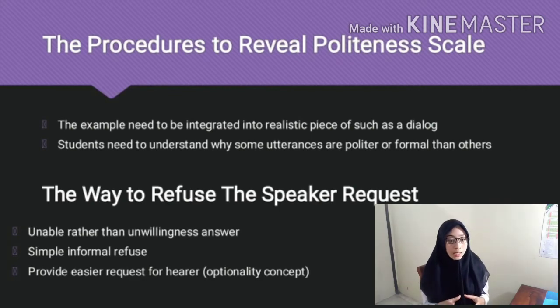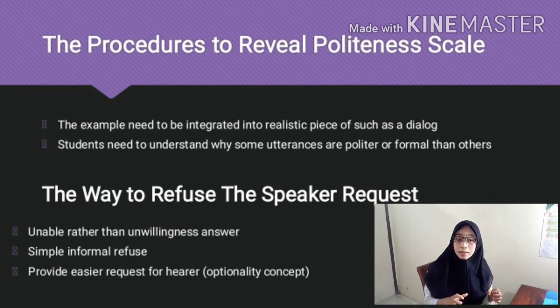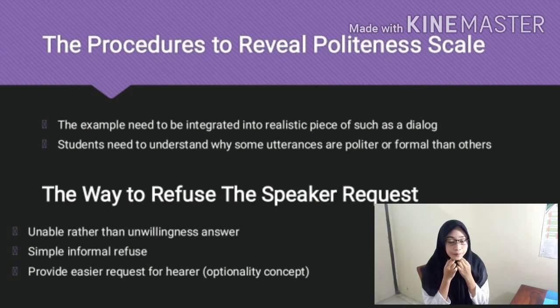Or another option to refuse the request is to provide an easier request for the hearer. Here, the speaker makes it easier for the hearer to refuse politely. This can make it easier for students to transfer it into their own language. In the next session, I will give the example.